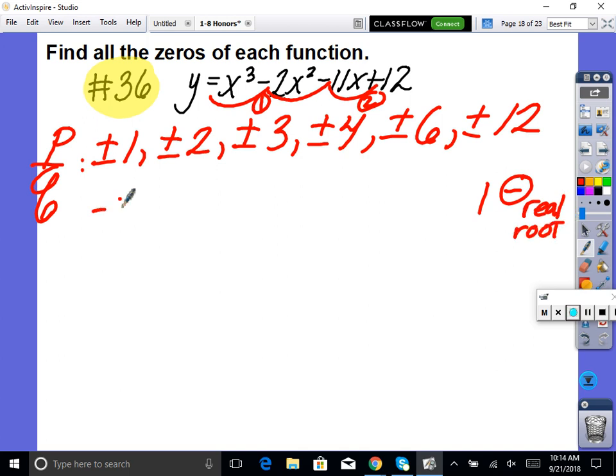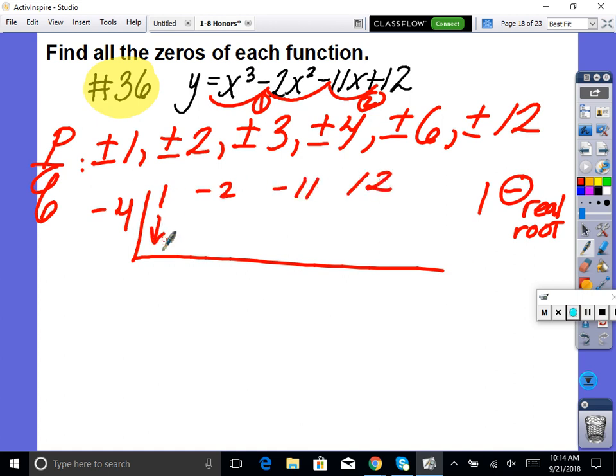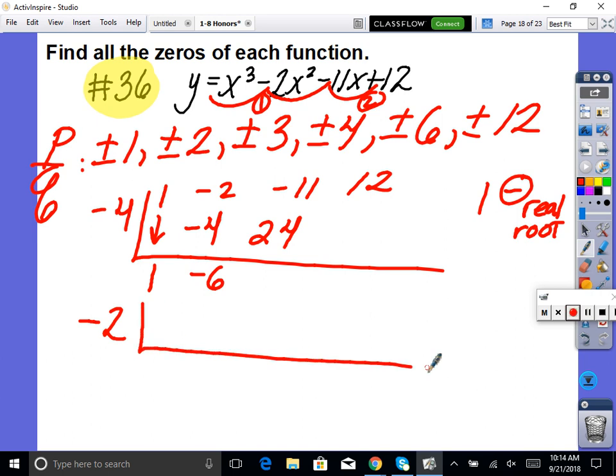So try -4, okay. Nope, -4 is not going to end up working out. -2 doesn't work either?